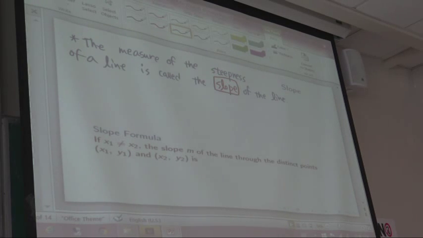So for the linear line, we need to know the slope of the line, and we need to know the x-intercept, and we need to know the y-intercept. These three things, we have to know.